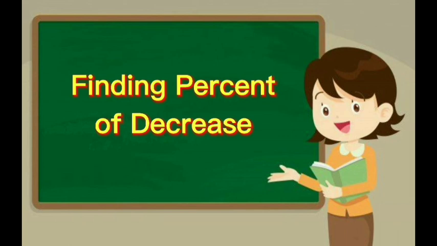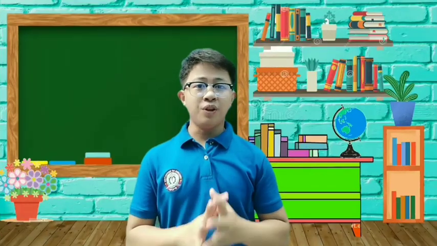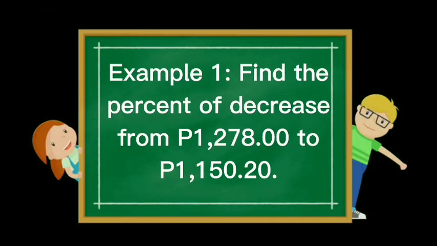Finding percent of decrease. When a particular amount is getting lower from its original value, we observe the change as a decrease and we represent it using percent. Example number 1. Find the percent of decrease from 1,278 pesos to 1,150.20 pesos.